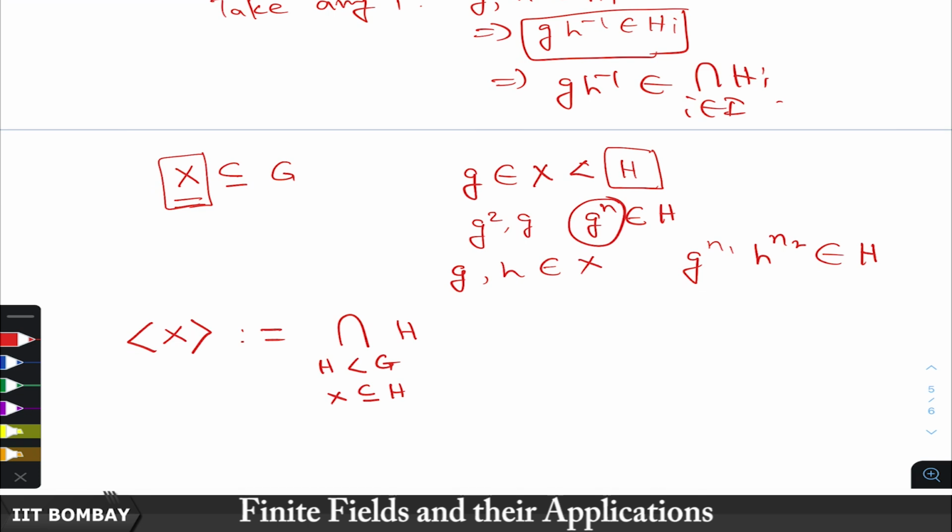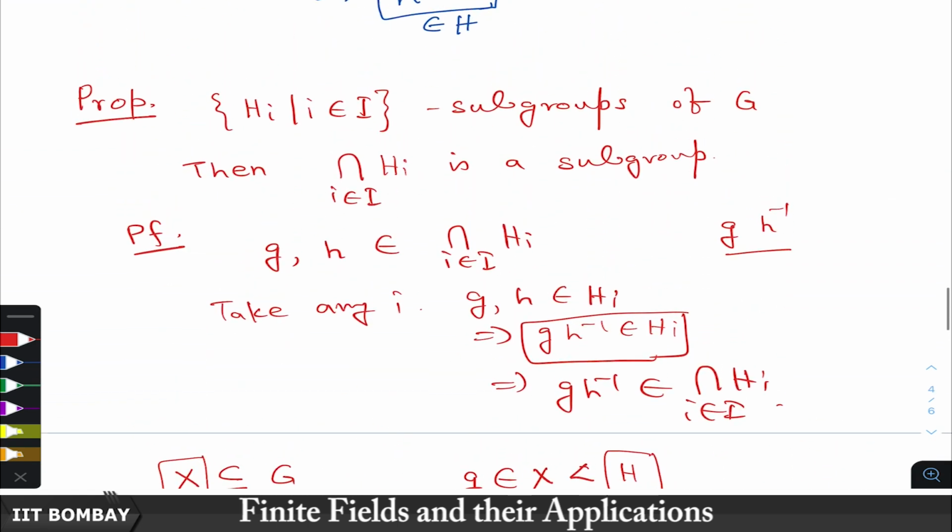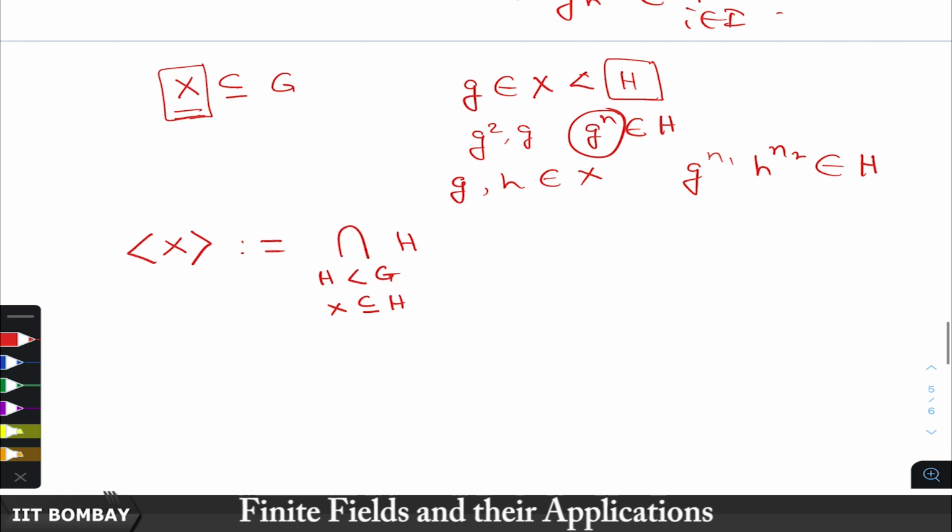Now, there may be an infinite number of them, even uncountably infinite, it does not matter, you can still take the intersection. So, you can easily check that such an intersection is a subgroup, as we said. So, we have proved here that this is a subgroup, and this subgroup is called the subgroup generated by X.